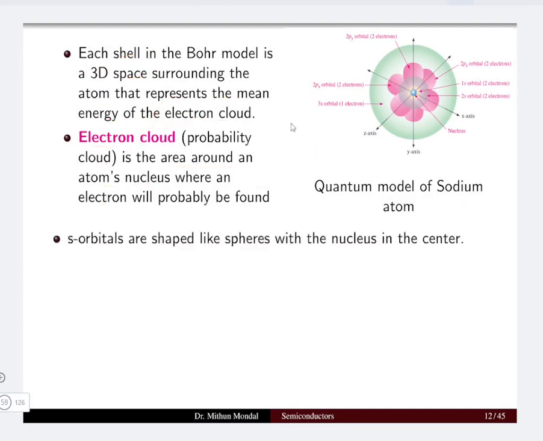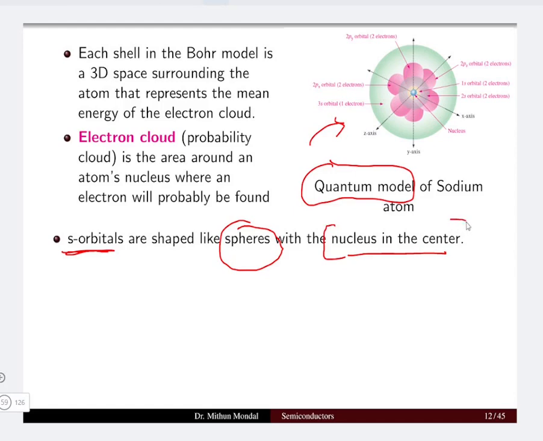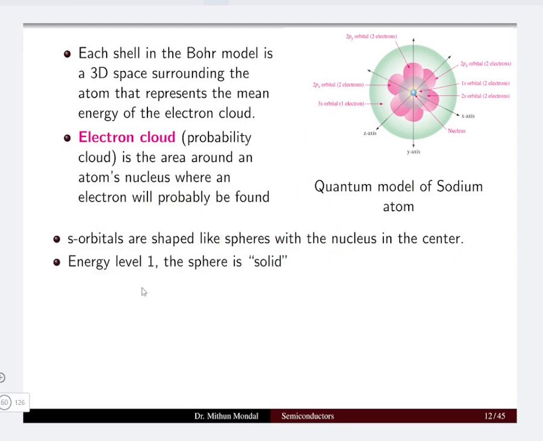If we discuss this quantum model, how the structure will be in 3D space, the s orbital is in the shape of a sphere. So the s orbital will be in the form of a sphere with the nucleus in the center. We know that the nucleus will be at the center of an atom and the s orbital will be in the form of spheres, whereas energy level 1 is in the form of a solid.